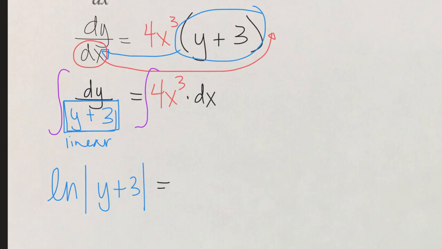But since there's not a coefficient of y, we don't have to worry about that part. Just remember though, if there is. And on the right side, what's the antiderivative of 4x cubed? 4x to the 4th over 4, which just simplifies to x to the 4th, plus c.